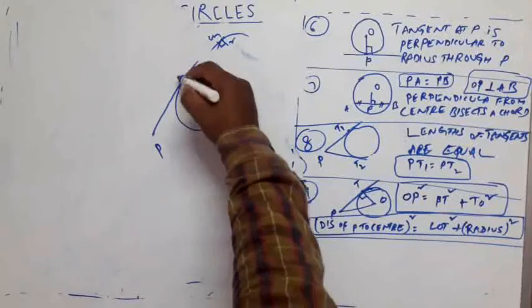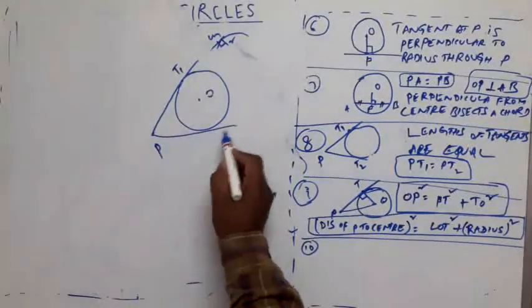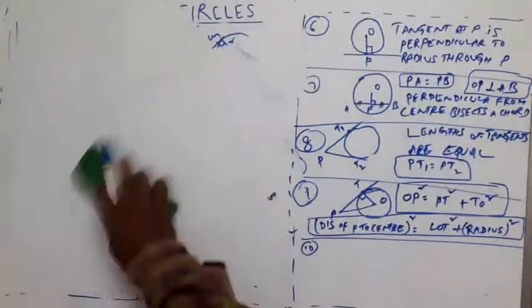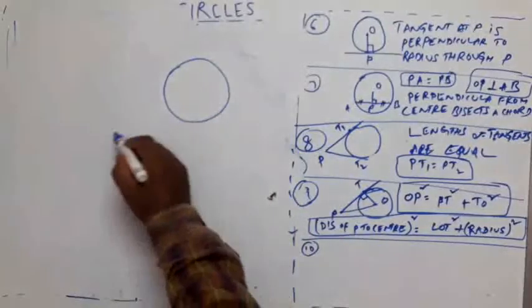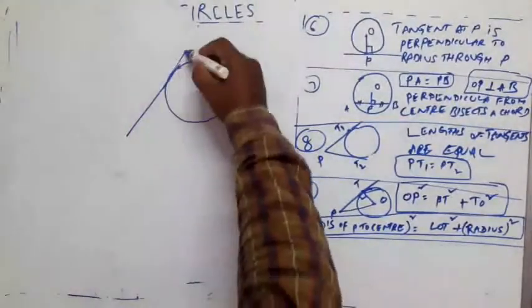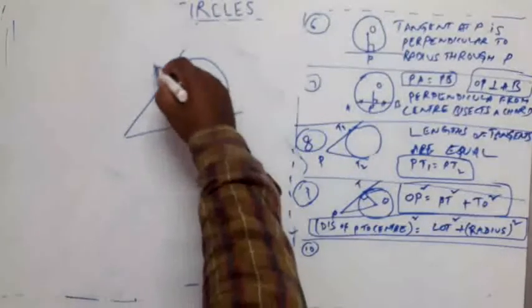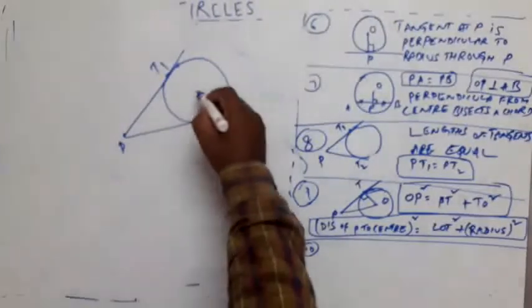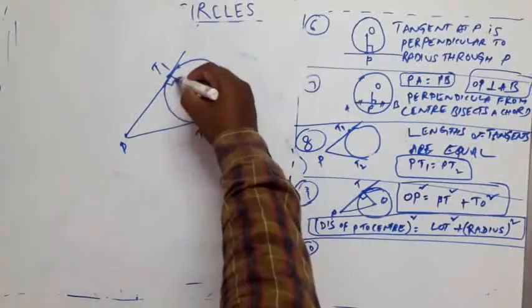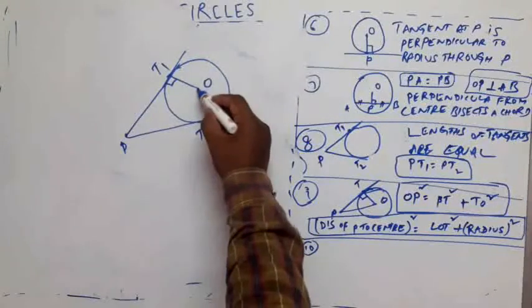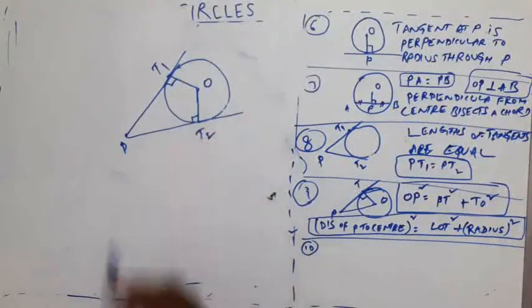Let us say this is T1 and the tangent like this is T2. This is one tangent, this is another tangent. I have joined this point of contact to the center. Obviously, I know that this is a right angle, and also I have joined the other point of contact to the center. I know that this is another right angle.